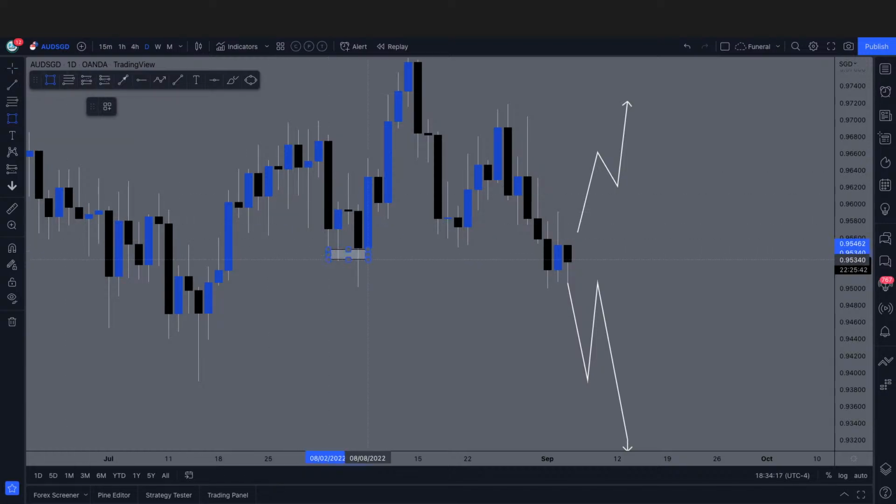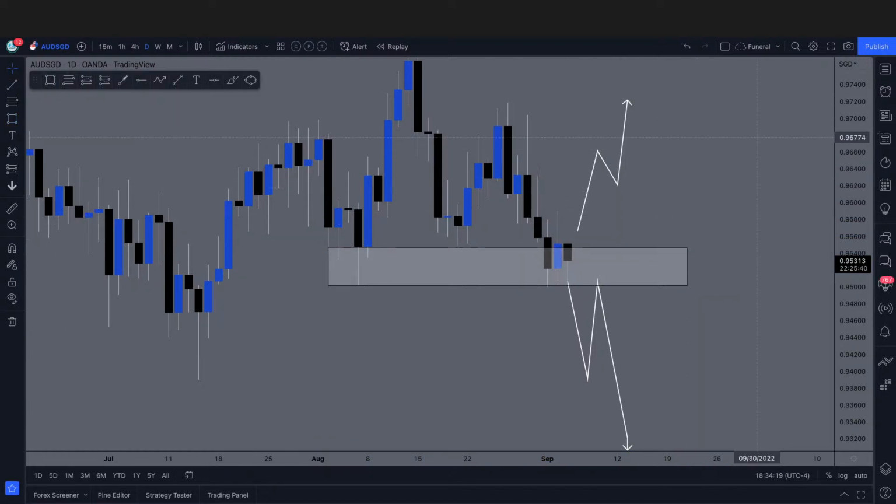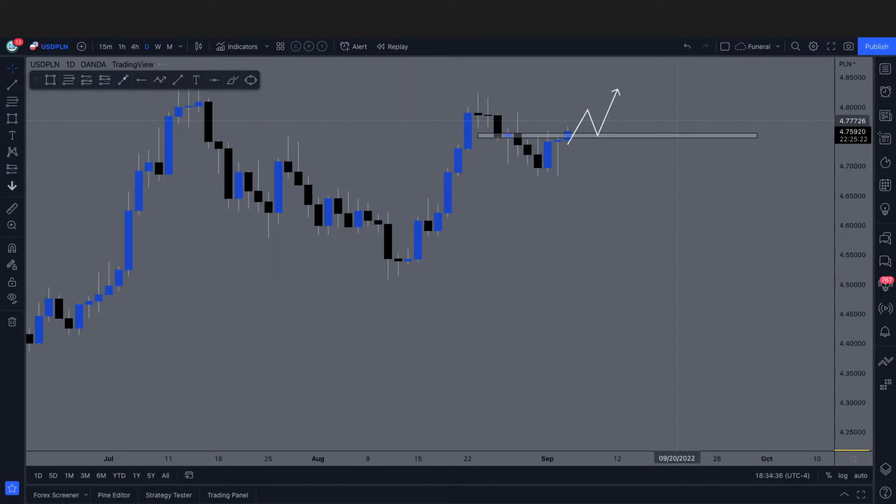And we are finding some trouble breaking down below it. But if we get a clean break below, looking for the retracement, we can look for the continuation to the downside. But if we start to make some moves to the upside, we do have some structure that we would like to see the market break above first before we look for a continuation. So nothing really on AUD/USD.